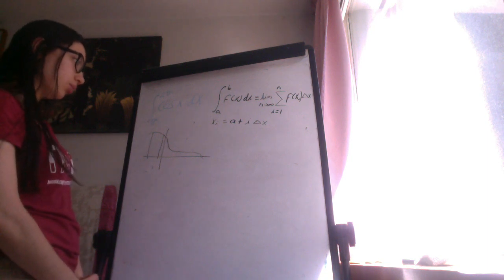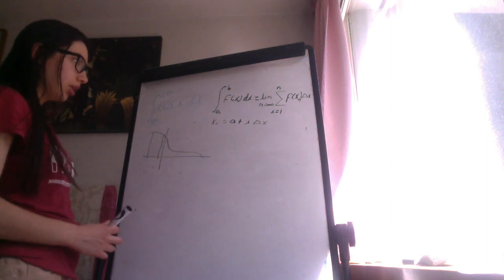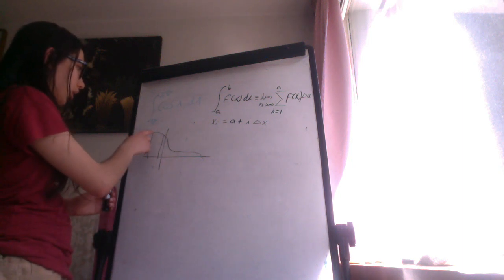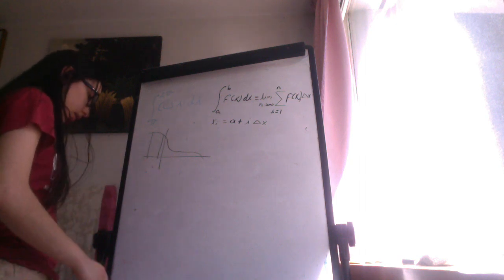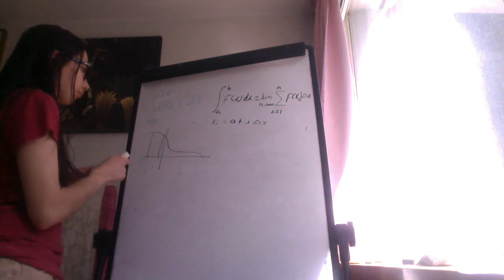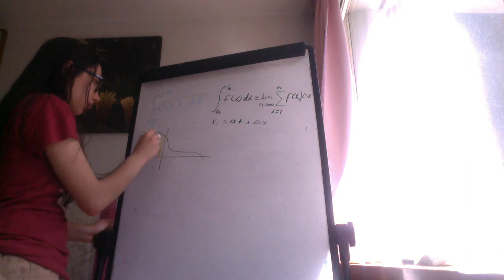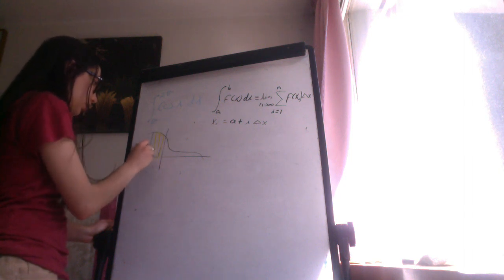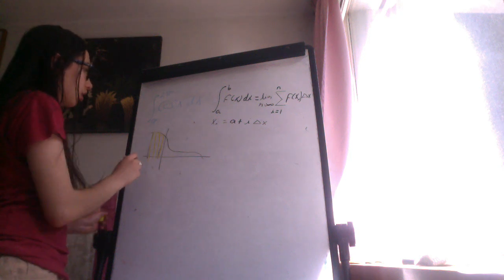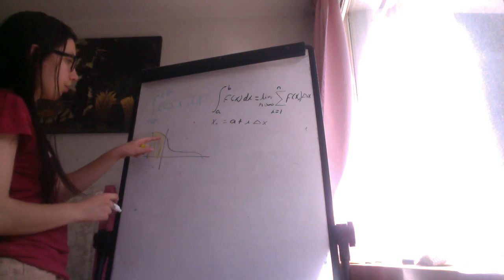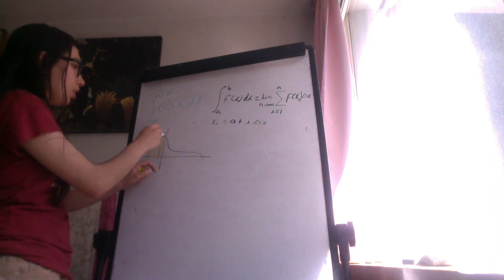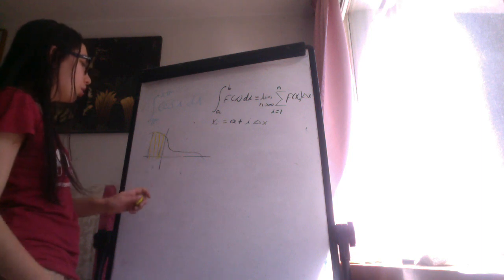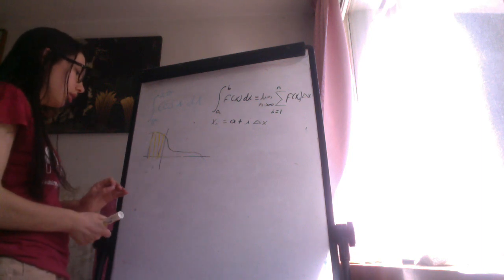Now, f of x sub i begins, because this is a right Riemann sum, if this is the interval, the rectangles will be this one, next, this one, next, this one. Remember that because it's a right Riemann sum, it is the right endpoint that is touching the function.